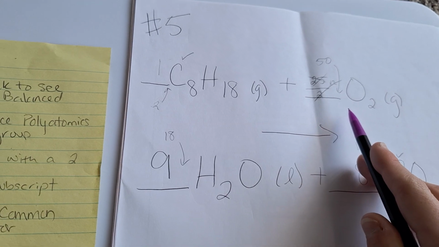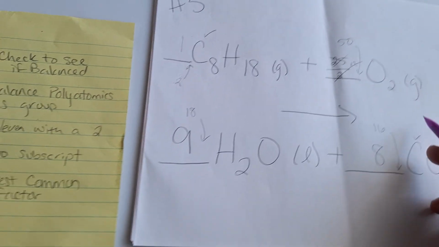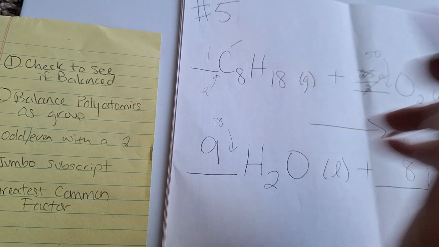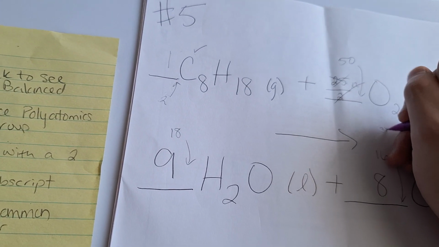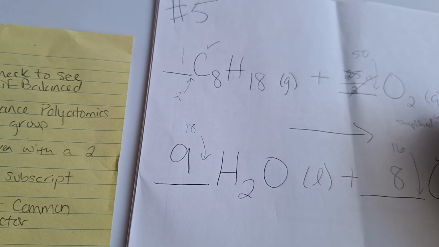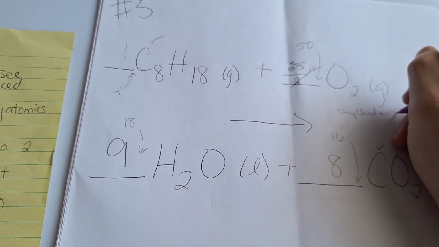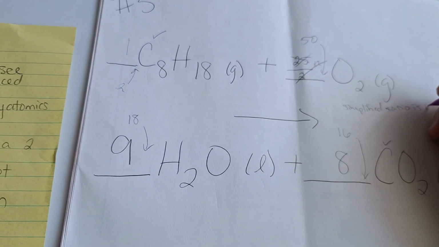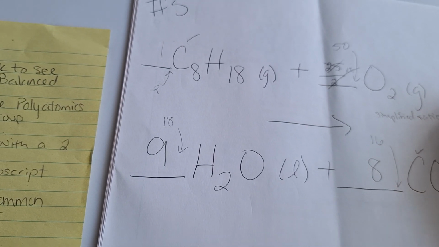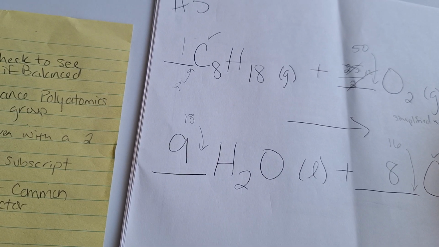But then, in your explanation, you could say the simplified ratio is 1 to 25 over 2 to 9 to 8.